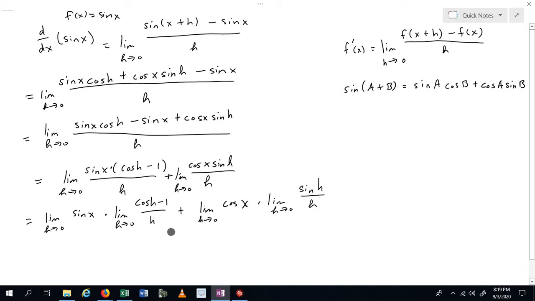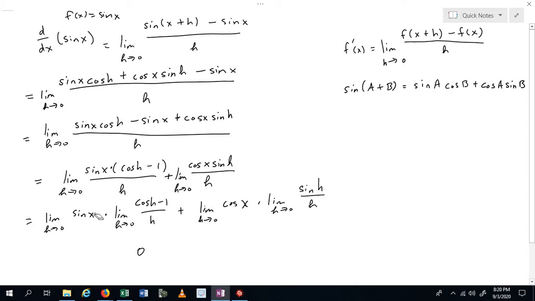Now this is where we're going to use that previous theorem, theorem 3.10. You remember from the previous theorem that this limit right here was equal to 0. And so you end up with the limit of sine of x as h goes to 0. That limit is actually sine of x, because as h is going to 0, this doesn't change.